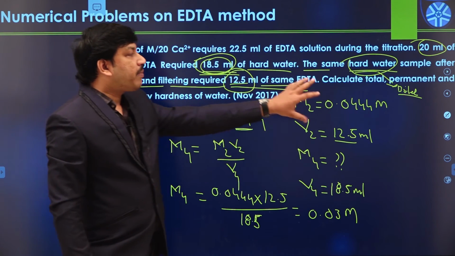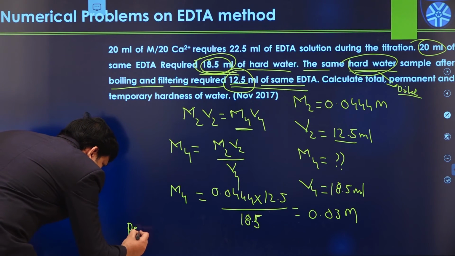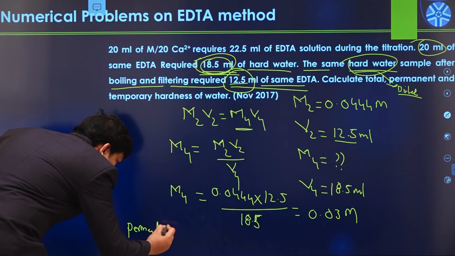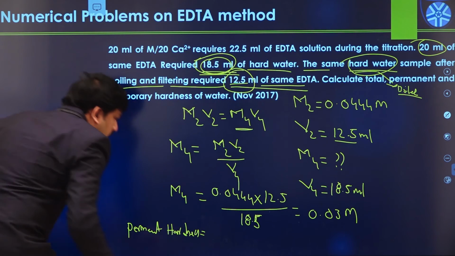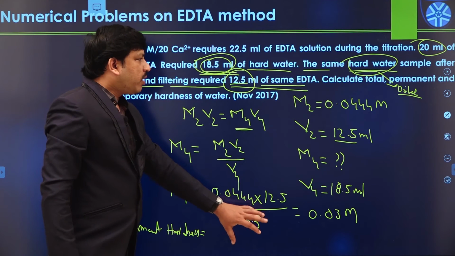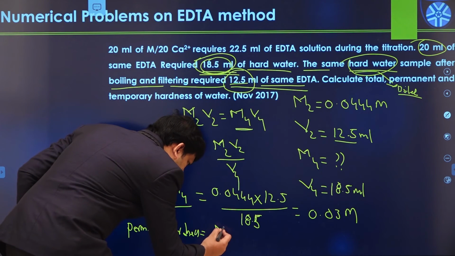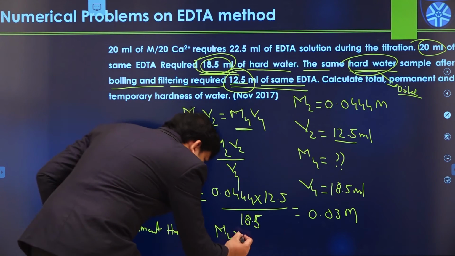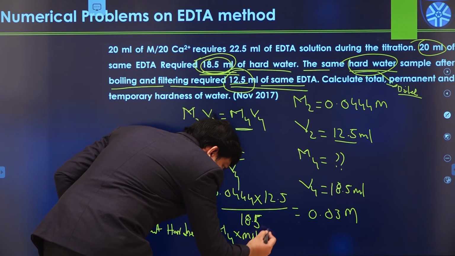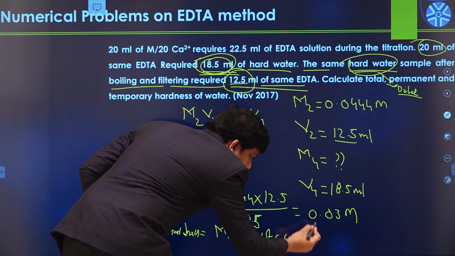Now we have to measure the permanent hardness value. So permanent hardness is equal to, what is the formula? Molarity of the permanent hardness M4 into molecular weight of the calcium carbonate into 1000.